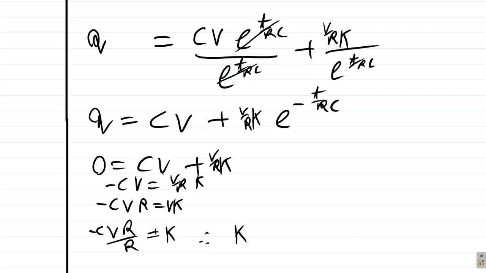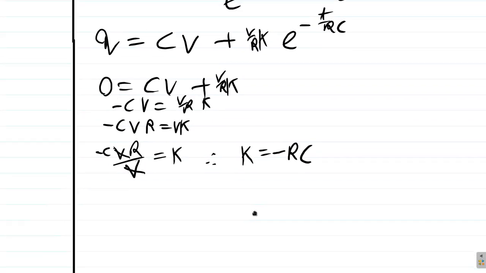You have VK, so you divide by V, not R. Oh boy. You divide by V, right? So V cancels V, what would you have? Negative RC then. K would be negative RC. So that's what you would have. Right. Okay, so it looks alright now.